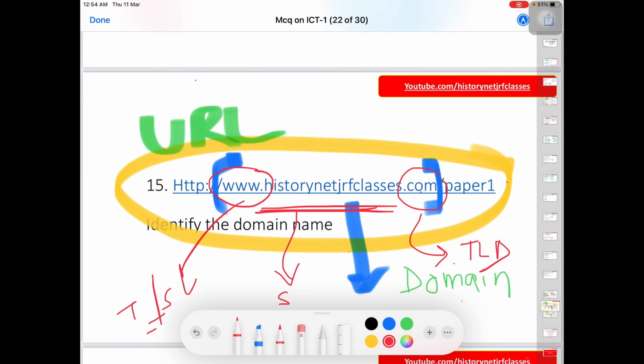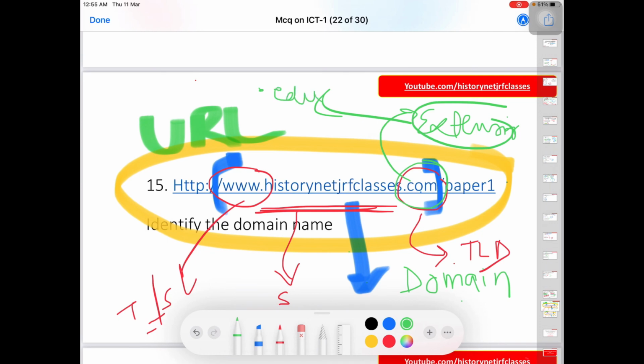Now a little more about the top level domain. It is also known as extension. Extension usually consists of a dot and 2 or 3 letters. For example, .com is for commercial, then we have .edu for education, .gov for government, then .in for country specific.